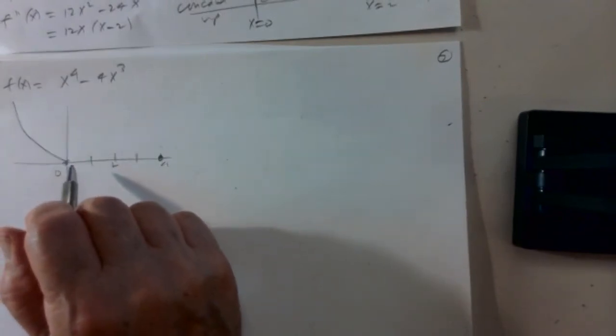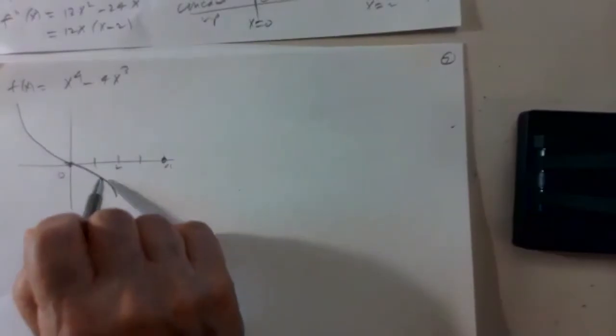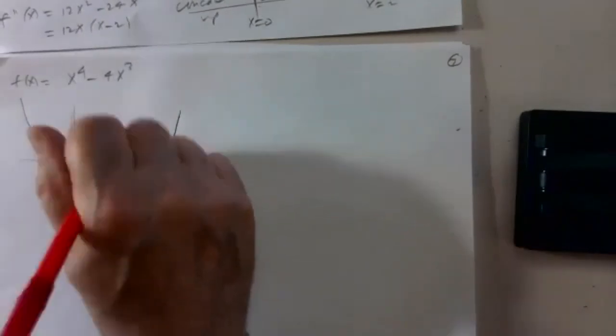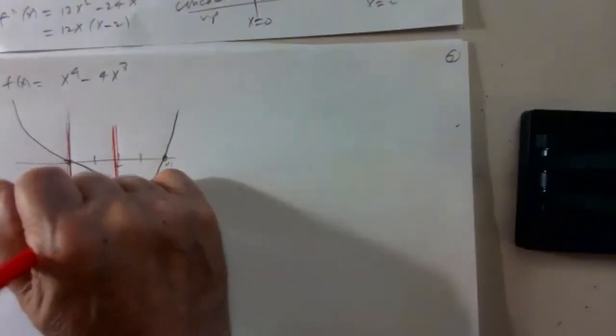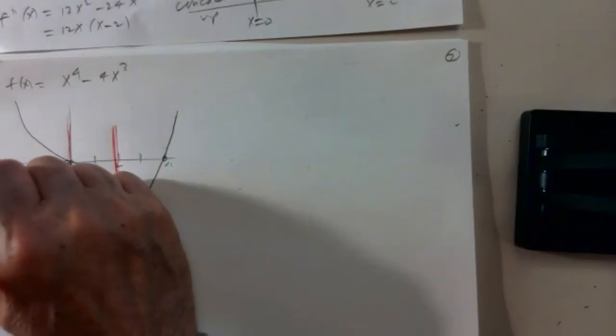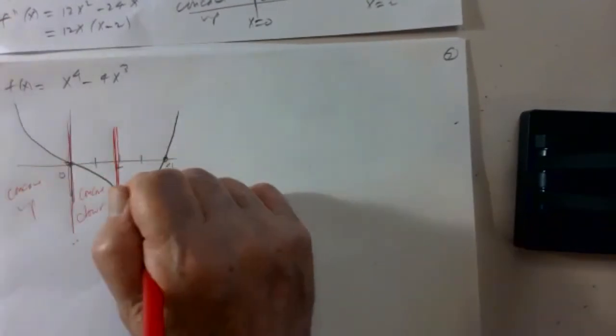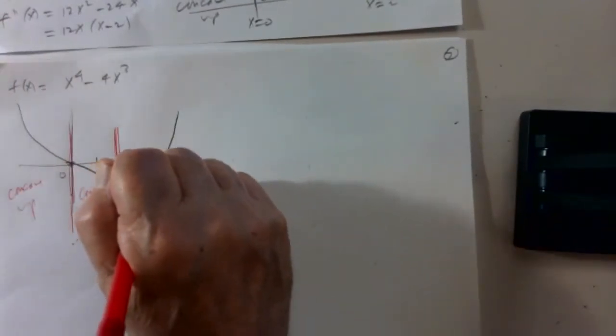Then it is concave down until you get to 2. And at 2, the concavity changes and it starts to go up again. So here, it's concave up, concave down, concave up.